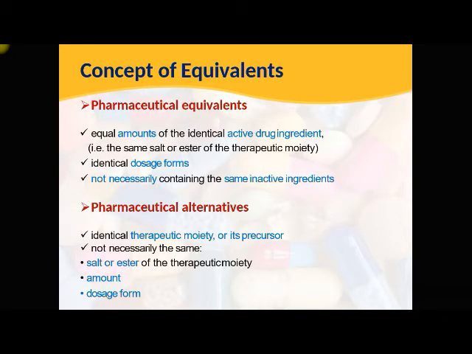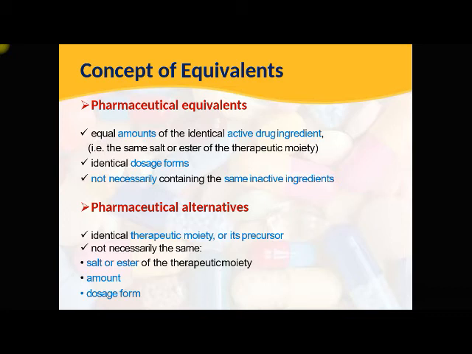Okay, so let's see what the concept of equivalence is. The first one is pharmaceutical equivalence. It means equal amounts of the identical active drug ingredient, that is, the same salt or ester of the therapeutic moiety, in an identical dosage form, though not necessarily containing the same inactive ingredients.